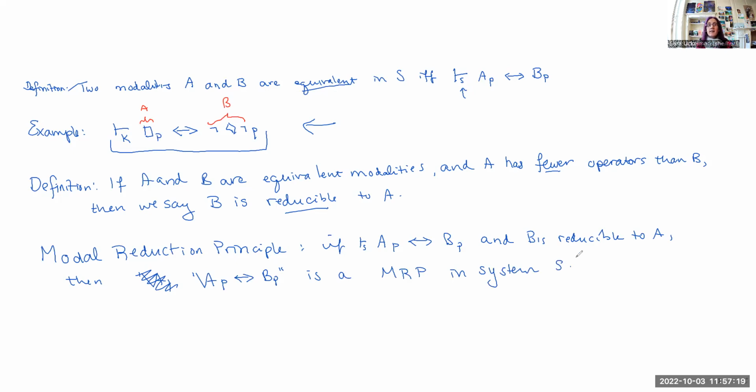And this is a key concept, because what we are going to do now in our attempt to be a little bit more systematic about the different modal systems that we are looking at is we are going to take a look at systems and ask ourselves, what are the modal reduction principles that we can prove in this system? So that's one type of question. The other type of question is, here are some modal reduction principles.